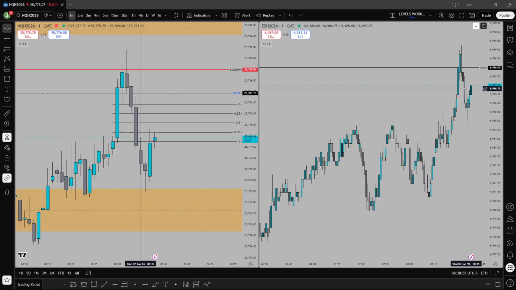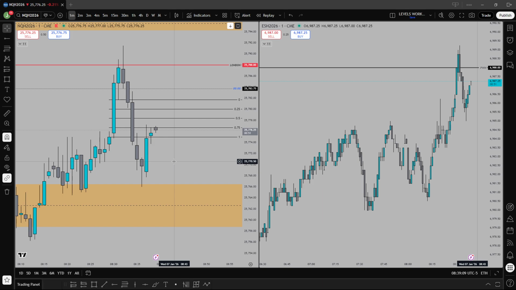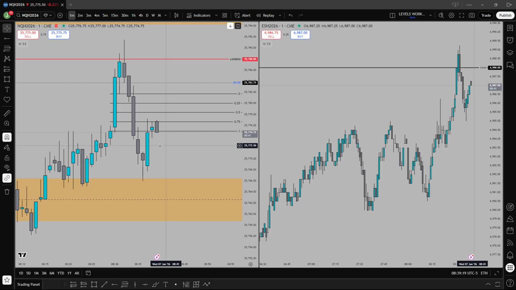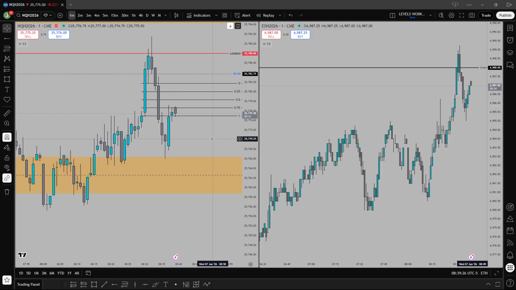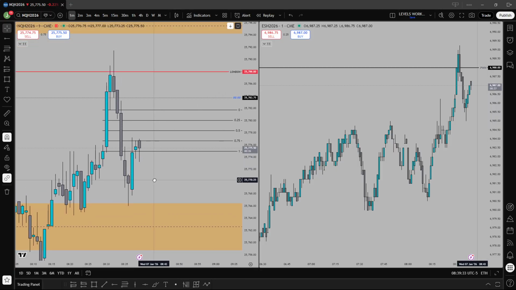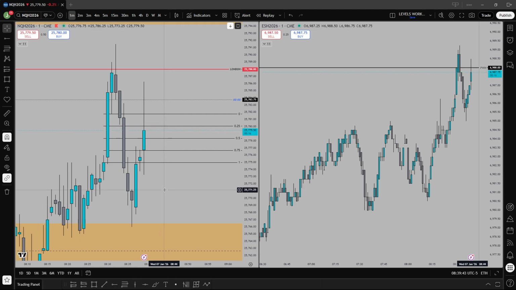So now ES tapped the gap. I don't like this opening, but what I think is happening is that we are gonna go for this high.